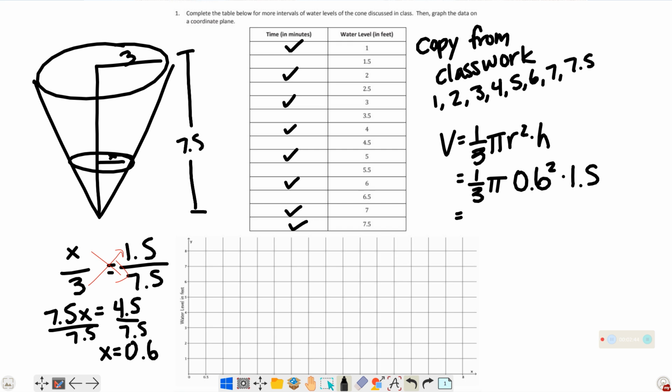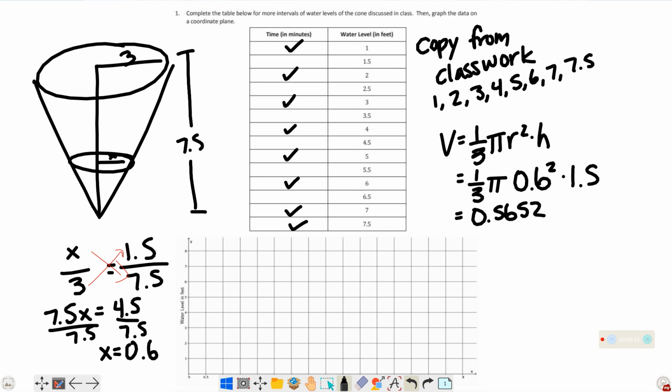In our calculator, we're going to do 0.6 times 0.6 to square them. Then we're going to multiply that answer by 1.5. And then we're going to multiply that by 3.14 for pi. And finally, we're going to divide by 3 for that 1/3 piece, leaving us with a volume of 0.5652.